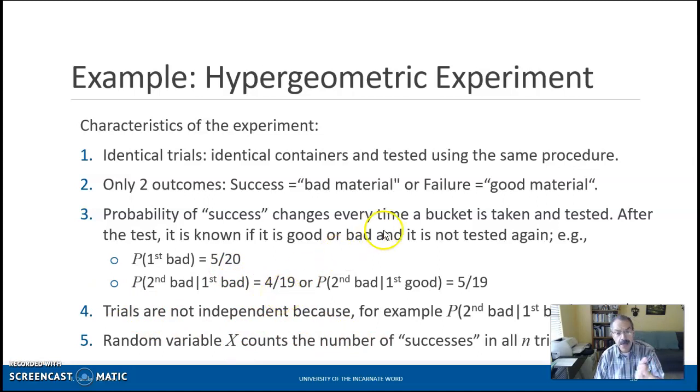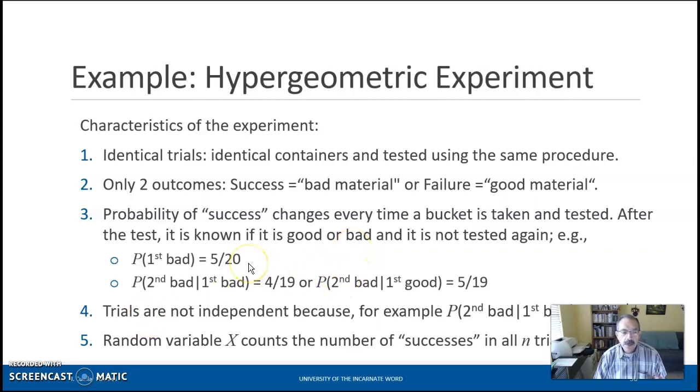Or perhaps you may have gotten a good bucket in the first selection and then a bad bucket in the second selection. Well, again, if the first one was good, then you will have 15 out of 20 for that, and you have 5 out of 19. So the probability is changing every time you take a bucket and test it. So the probability of success changes.